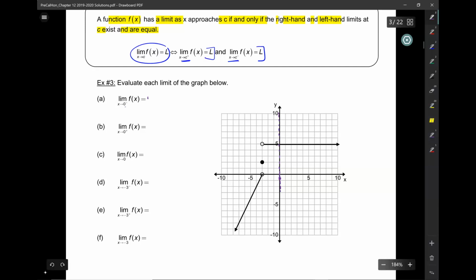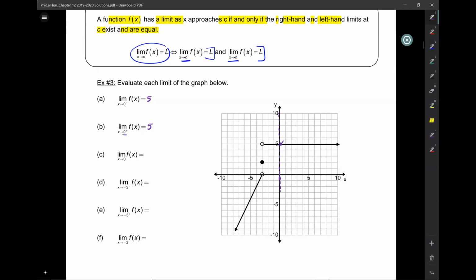It's 5. Now I want as x approaches 0 from the right-hand side. Immediately to the right of that imaginary line, the graph has a y value of 5. So that's the left-hand and the right-hand limits.